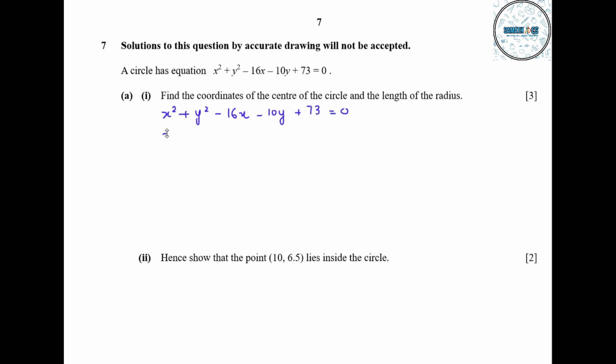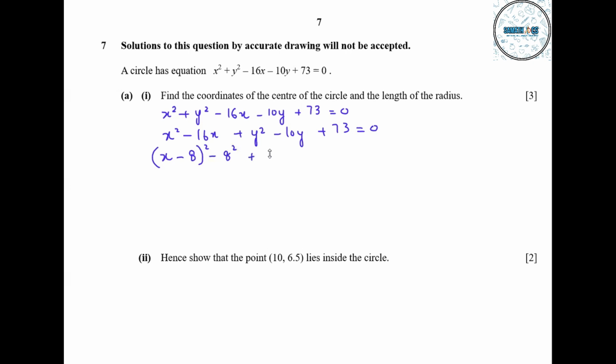So we have to write x squared minus 16x together and y squared minus 10y together so that we can change it to completed square form. So when we change this to completed square form, we will write x minus, we will divide 16 by 2, then whole square. And then we write square of 8 with minus sign.